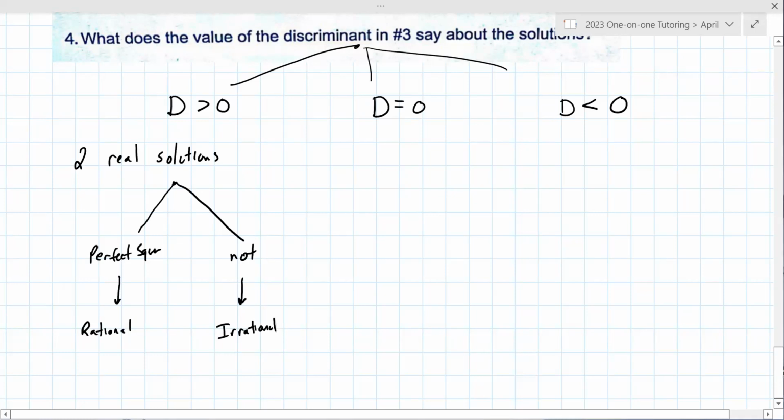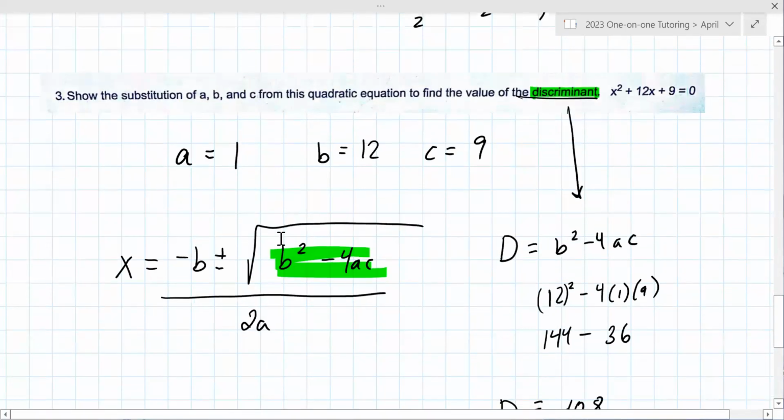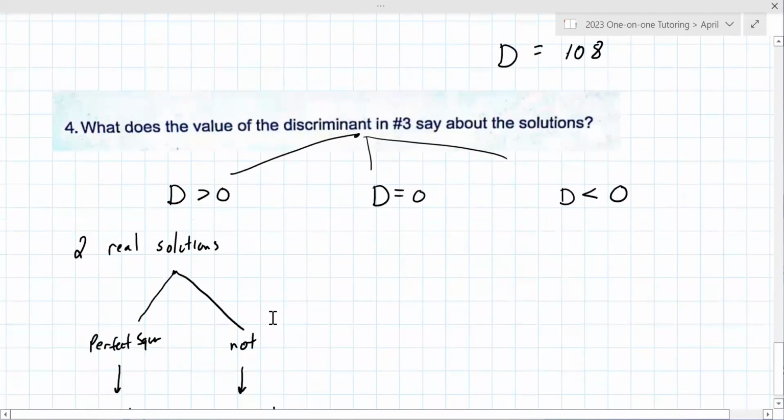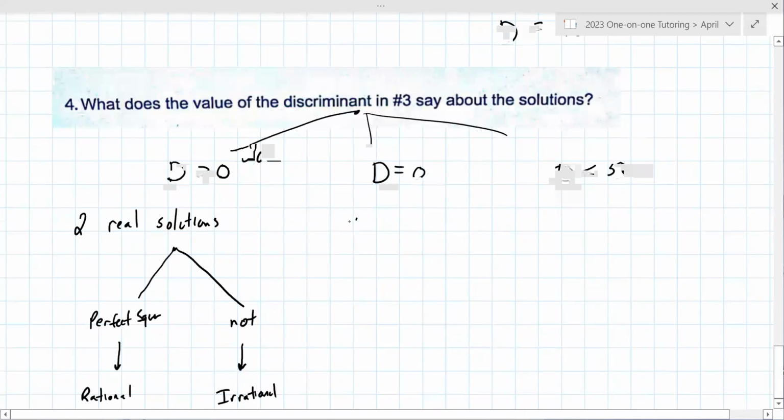All right, perfect. So if the discriminant is 0, let's go back and look at the quadratic formula. What is the square root of 0? Well, 0. And if you add 0, does that contribute? And if you subtract 0, does that contribute? It's just going to keep being 0. So it effectively becomes just this first part. So when the discriminant is 0, there is a repeated root, also called a double root.